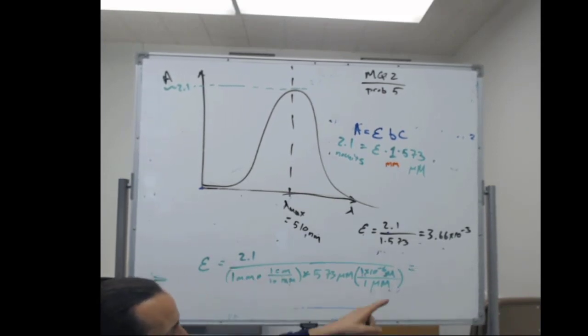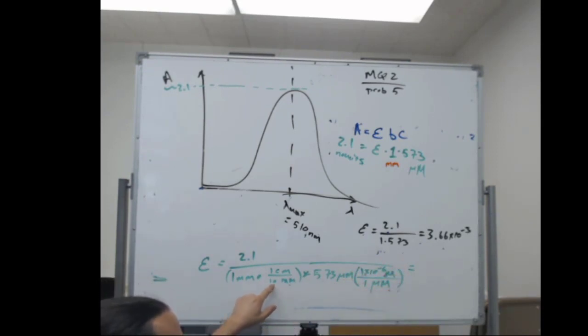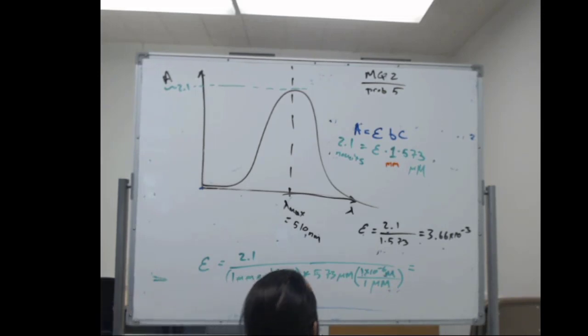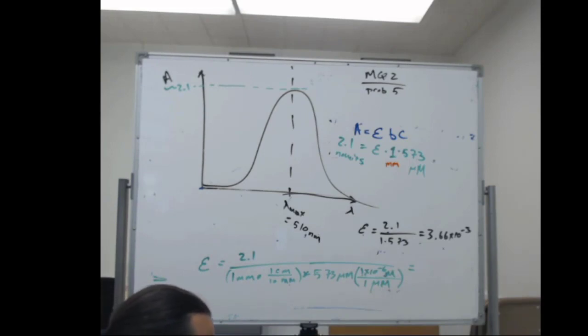So you'll notice you'll actually get 3.66 again, because all that's changing is a factor of a 10 and a factor of a million. So that's going to be -7 divided by 1 times -7.